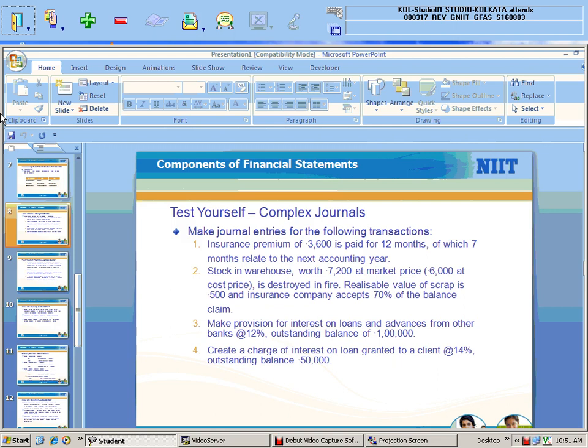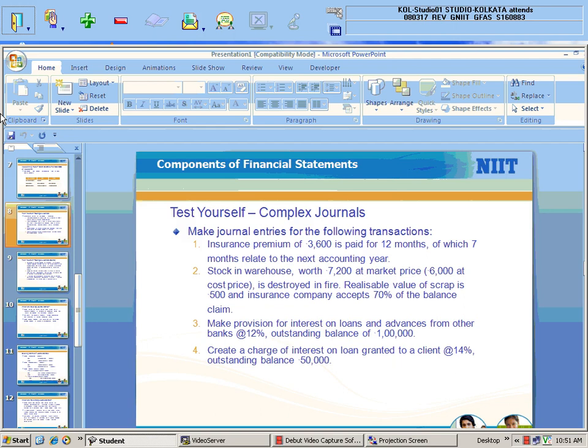So 6,000 worth of inventory has been destroyed, out of which 500 is the realizable value, so that loss is 5,500. And if the insurance company accepts 70% of the balance claim, the claim is 70% of 5,500, which is 3,850.